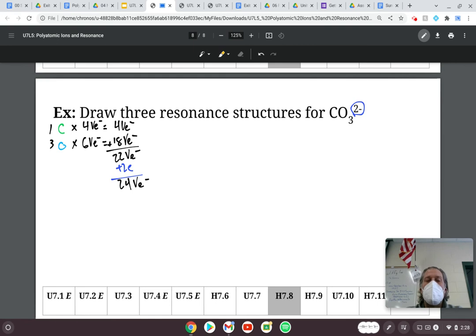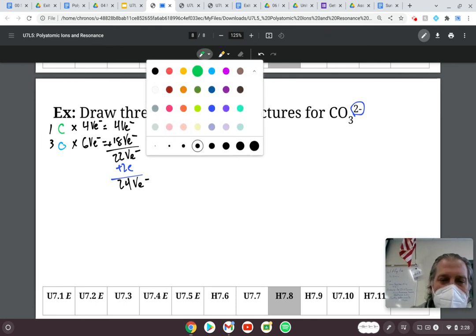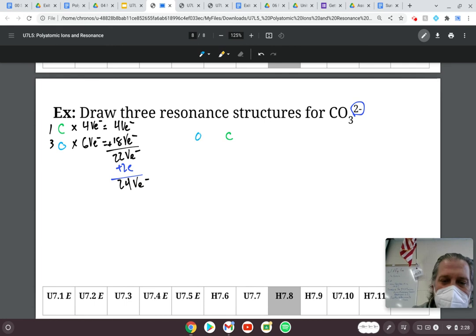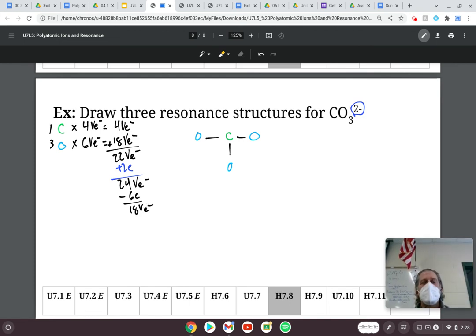So now I'm going to draw my structure. I'm going to start with my carbon, and I'm going to bond my oxygens to it. I'm going to do a single bond at first. Of my single bonds, I've used 2, 4, 6. So 24 minus 6 electrons is 18 valence electrons.